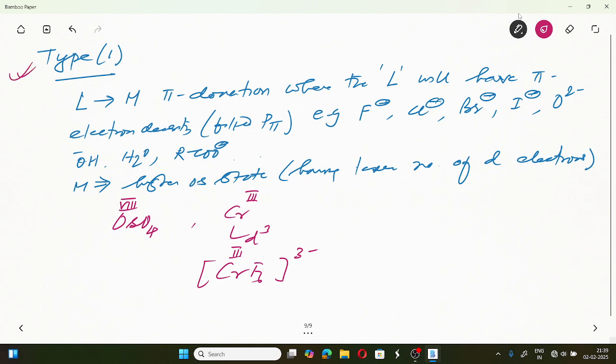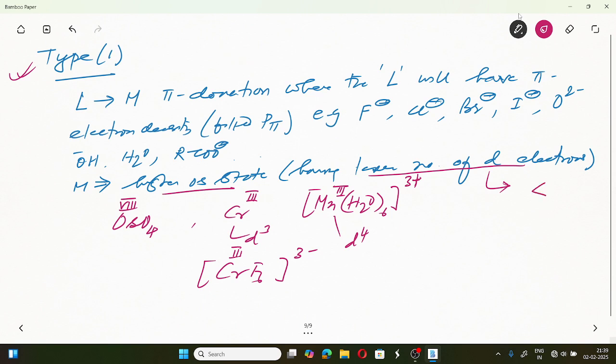If you look at this complex, then there will be pi bonding, and this pi bonding will be of this type. Okay, now for example ধরো Mn3 complex নিচ্ছি, Mn(H2O)6 3 plus. So here also this is a D4 system. So having lesser number of d electrons, অর্থাৎ D5 এর থেকে কম। এই যে বলা হচ্ছে যে the higher oxidation state having lesser number of d electrons, what does it mean?